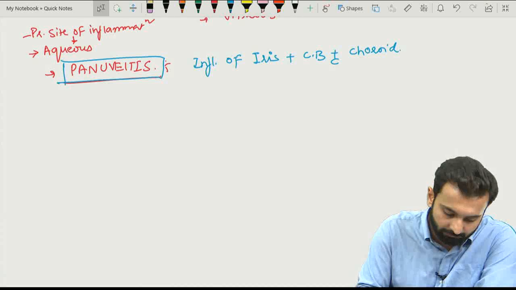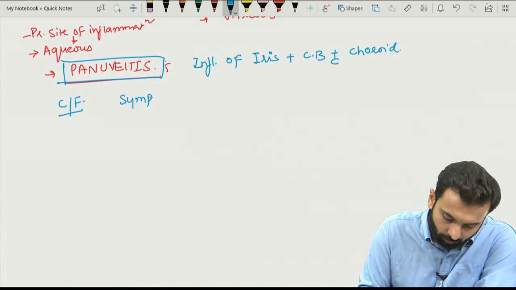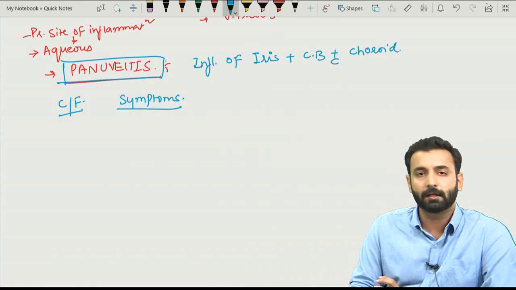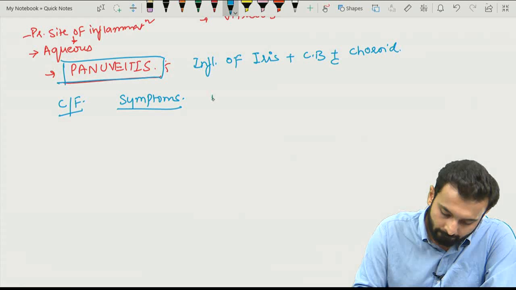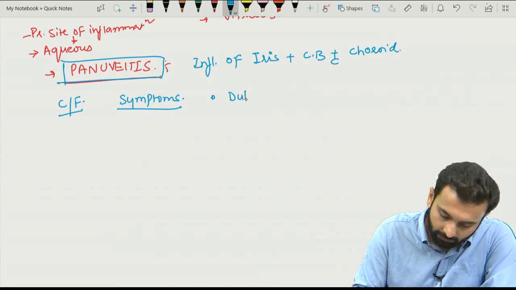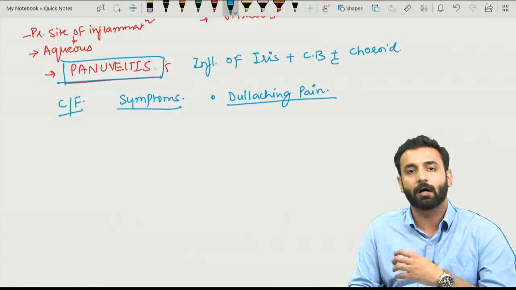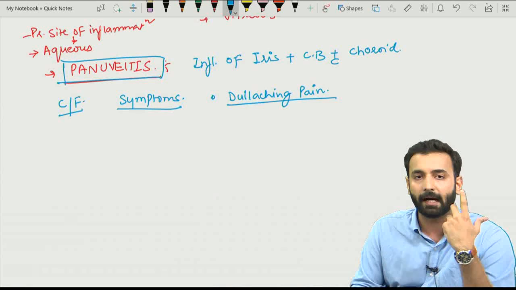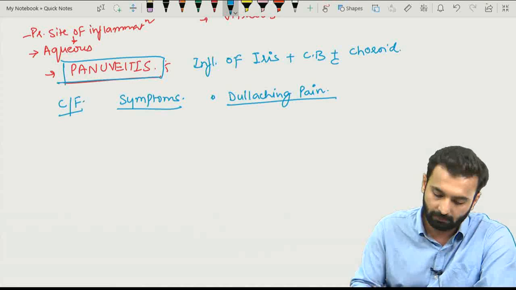Now come to clinical features. What are the symptoms of anterior uveitis? The patient will come to you in your OPD with chief complaints of dull aching pain. This pain is referred across the branches of the trigeminal nerve to your forehead and scalp region, and the pain is worse at night.